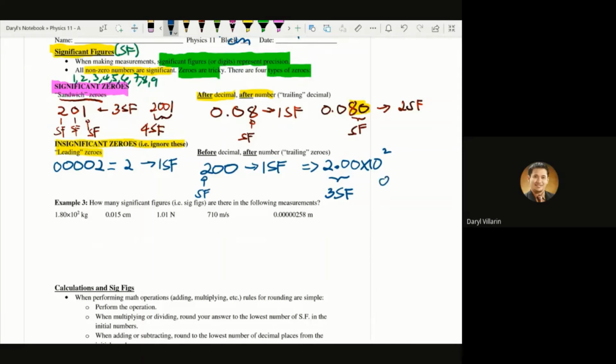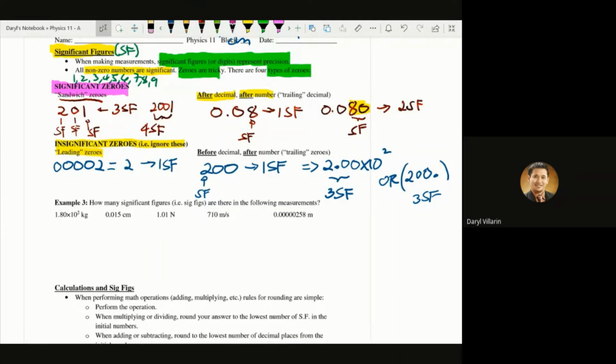Or sometimes you would see 200 with a decimal placed after the zeros, just to indicate that I have 3 significant figures.